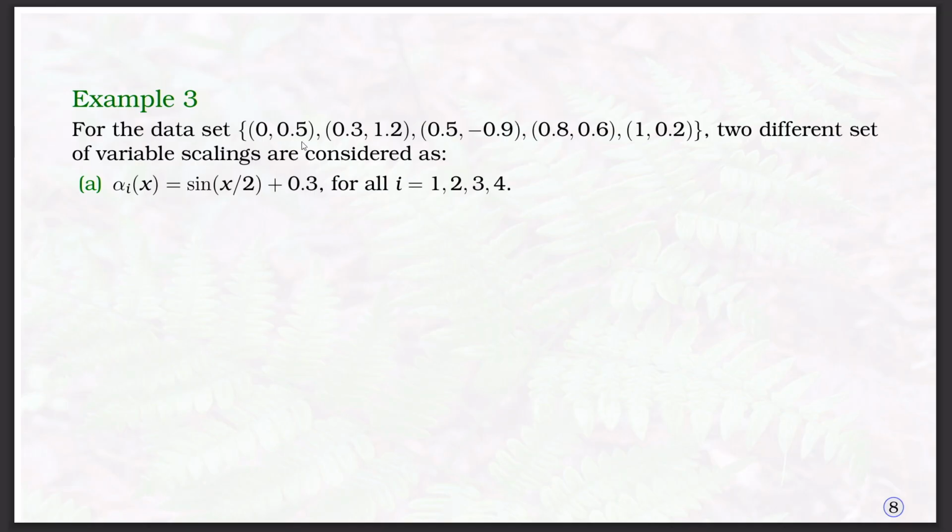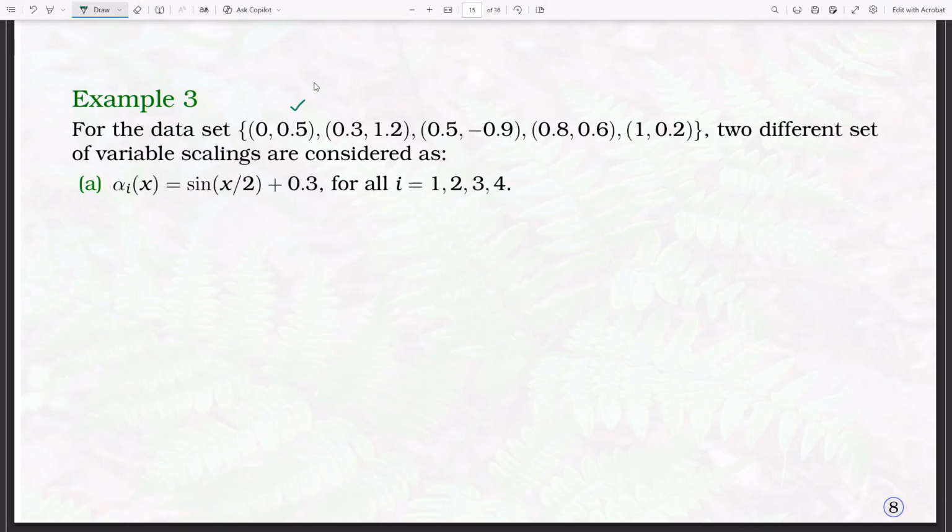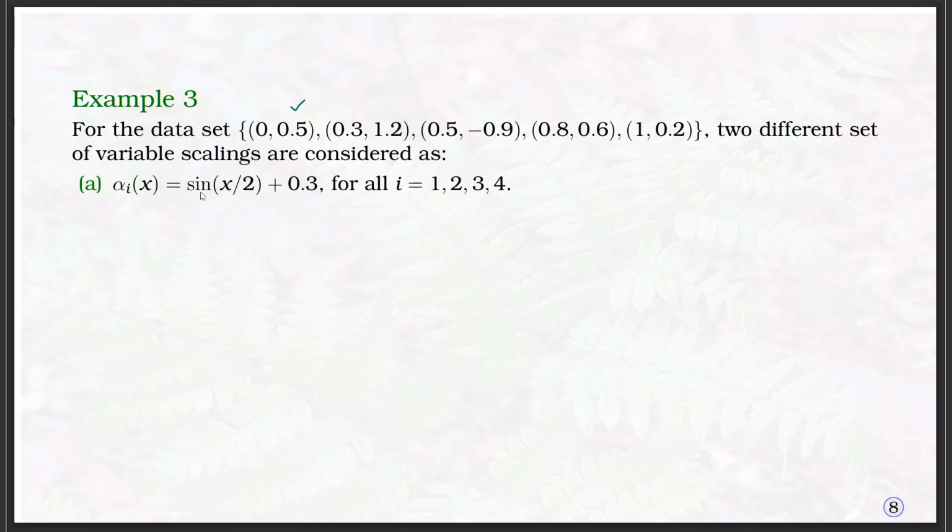For the first one, there are 5 data points given here. For 5 data points, as we know, we need 4 vertical scaling factors. Here we are choosing the vertical scaling factor as variable, that means in the form of functions.